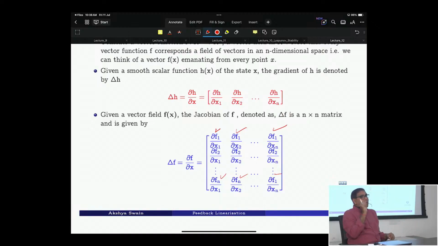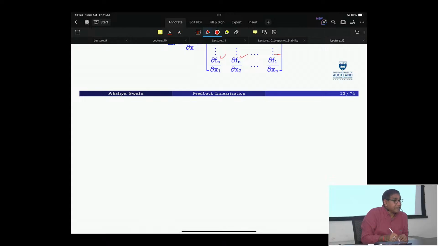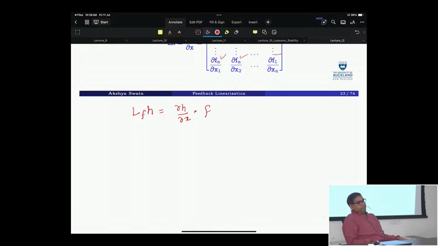Now, I need only one piece of mathematics here. I am defining the Lie derivative from Lie algebra. This will take some time to digest, but it doesn't matter. L_f h is equal to del h over del x times f. f is a vector, so del h over del x times f.